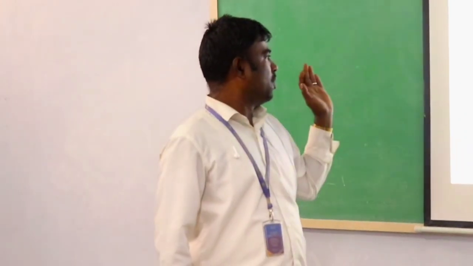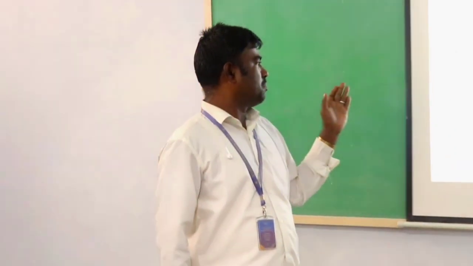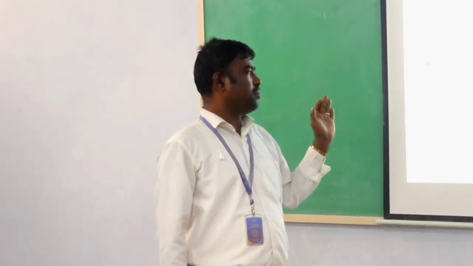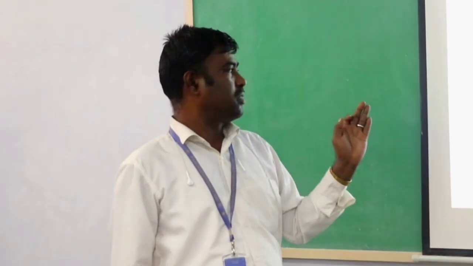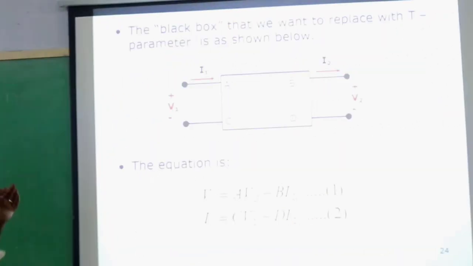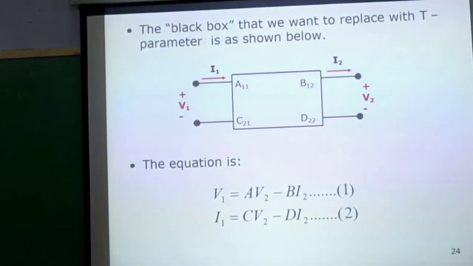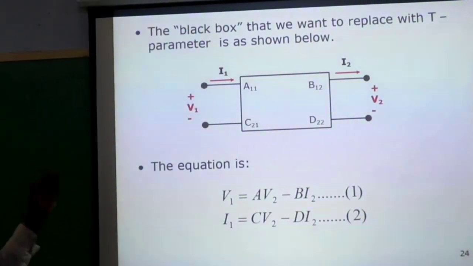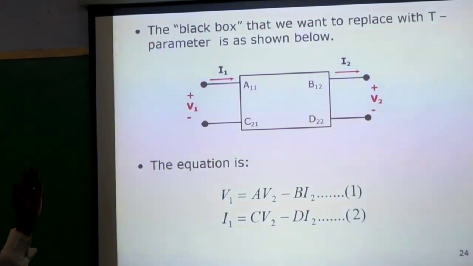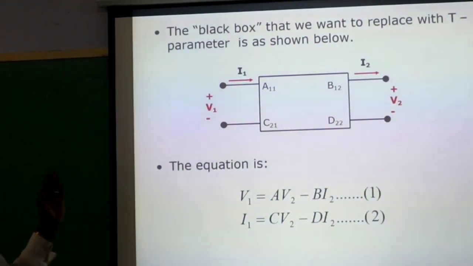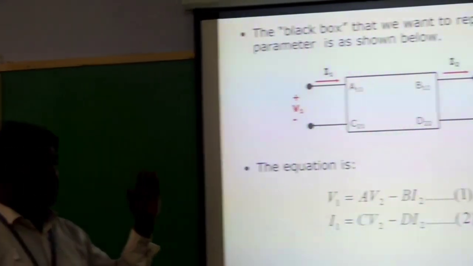They are used to analyze transmission lines because the expressions involve sending end variables and receiving end variables, that is V1 and I1, and V2 and I2. This is the general diagram of ABCD parameters, and the general equation is V1 equals A V2 minus B I2, I1 equals C V2 minus D I2.